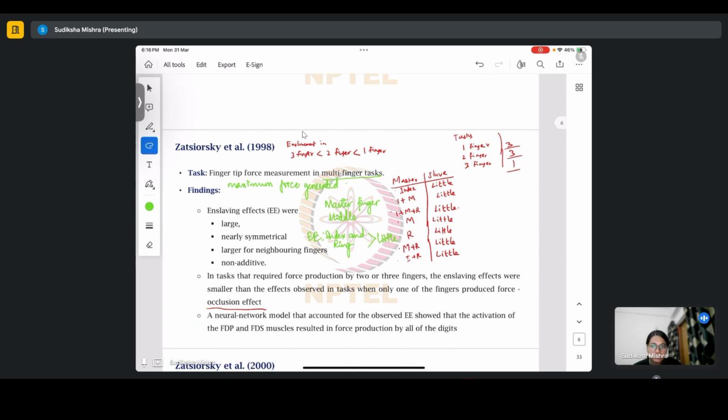Another thing that was observed is that if a task required force production by two or three fingers, the enslaving effects were smaller than in the task where only one finger produced force. So the enslavement in a three finger condition is less than in a two finger condition, while the one finger condition has the highest enslavement.